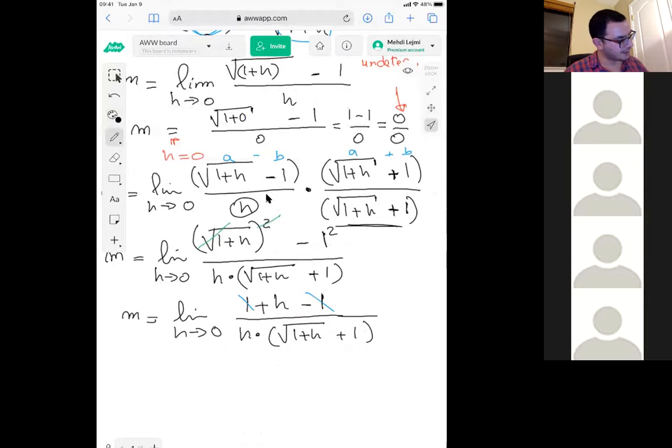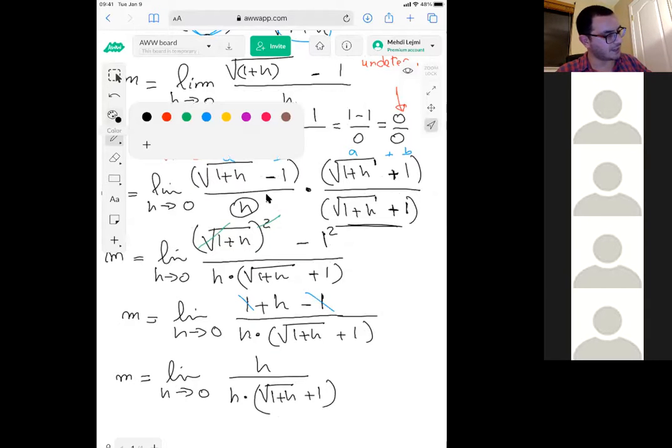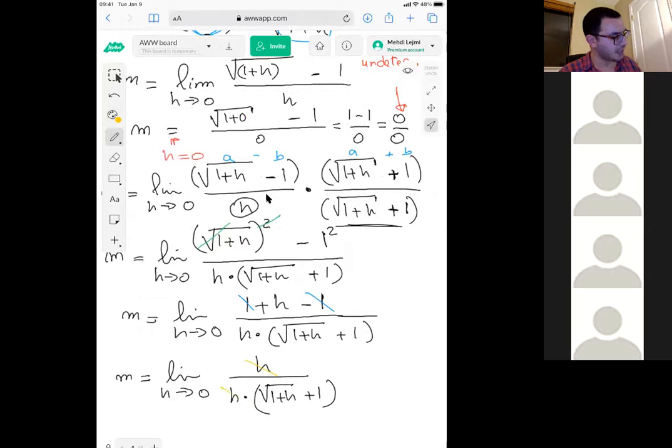And so m equals the limit as h goes to 0. You're going to have h in the top, h in the bottom times the square root of 1 plus h plus 1. And of course, the h in the top and the h in the bottom are going to cancel out too. Then in the top, it's not 0.